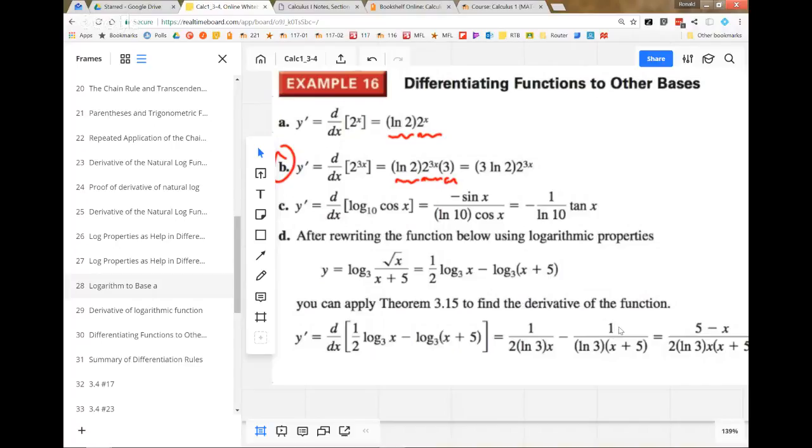So what do we have to do? 1 over the natural log of the base. And then how do you take the natural log of x plus 5? That's 1 over x plus 5. So that natural log 3 that you see in both these fractions on the bottom here, that's basically what I just taught you.